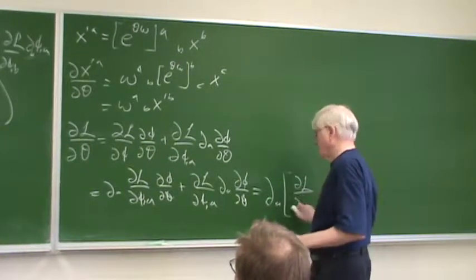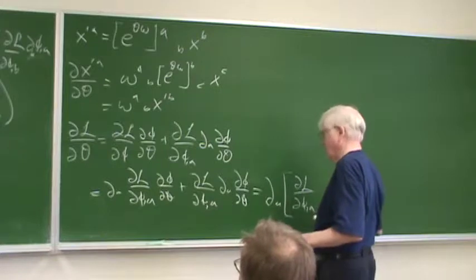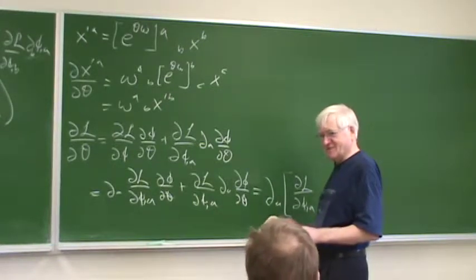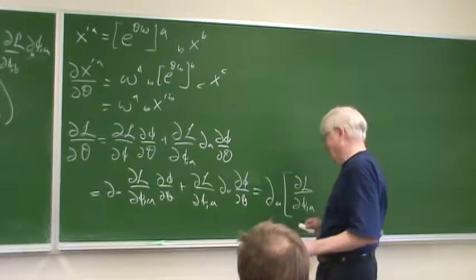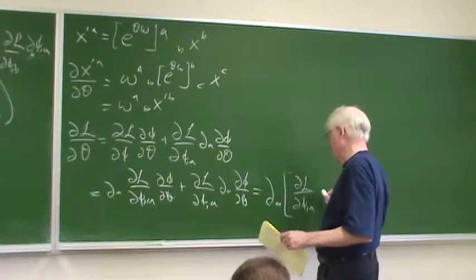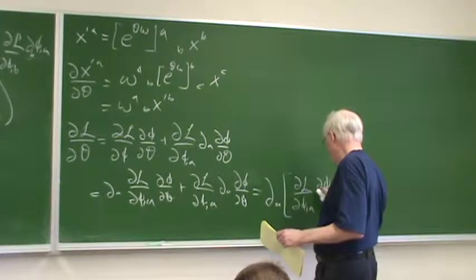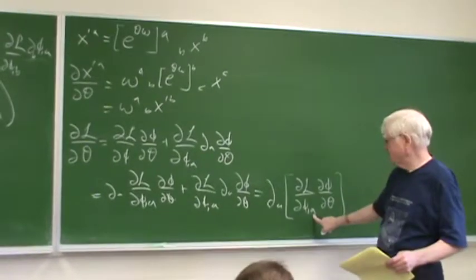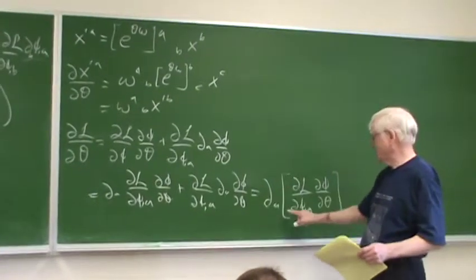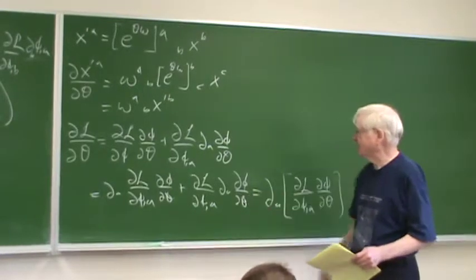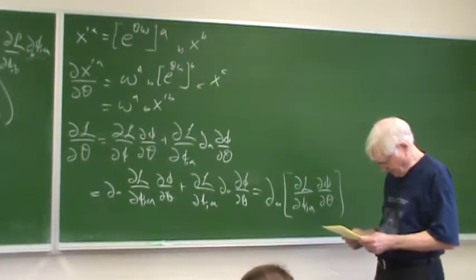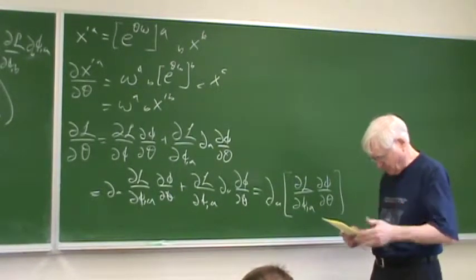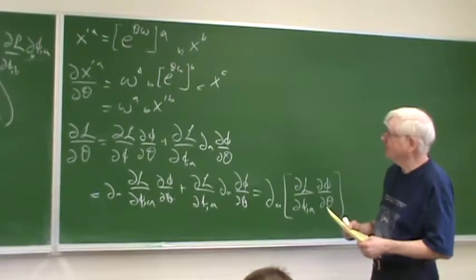Partial L, partial phi comma A, partial phi, partial theta. So if it acts on this, you get the first term. If it acts on that, you get the second term. Okay. This is if we're assuming the field equations are obeyed.